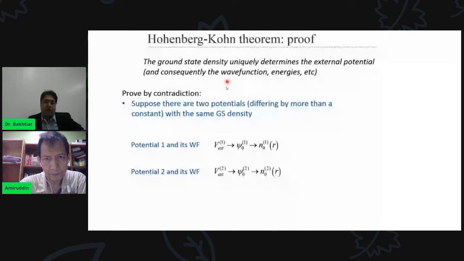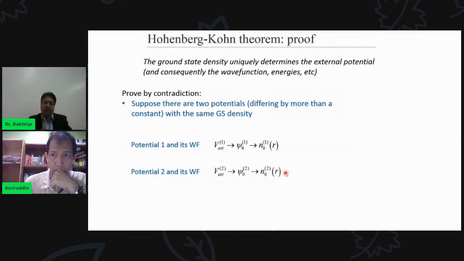We assume that there are two different external potentials, V1 and V2, that have ground state wave functions psi1 and psi2, and the density corresponding to V1 is N1, and the density corresponding to V2 is N2. The Hohenberg-Kohn theorem says that these densities must be different. Every external potential should have its own density. But we prove this by contradiction.